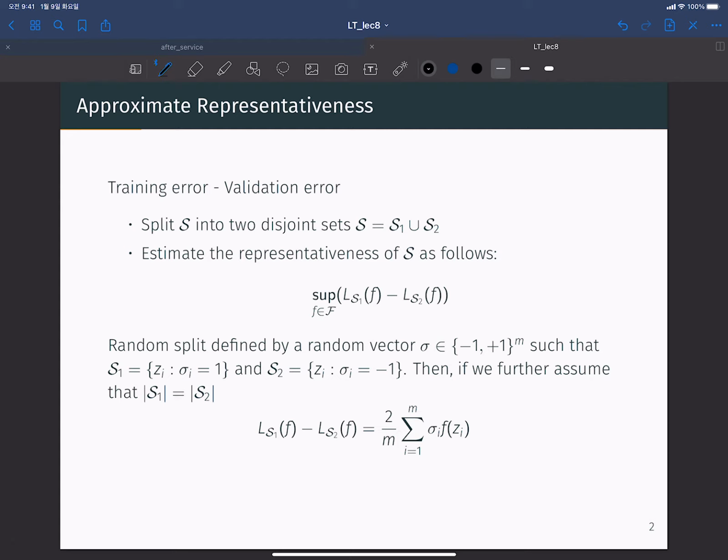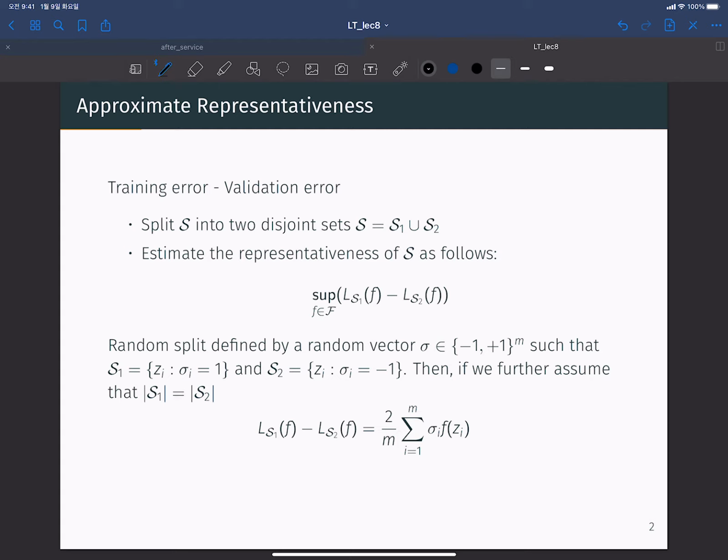We can approximate the representativeness using the training set and validation set. For cross-validation, when we find the right model to fit our training data points, we usually split our training data into two disjoint parts. One is the training data set and one is the validation data set.